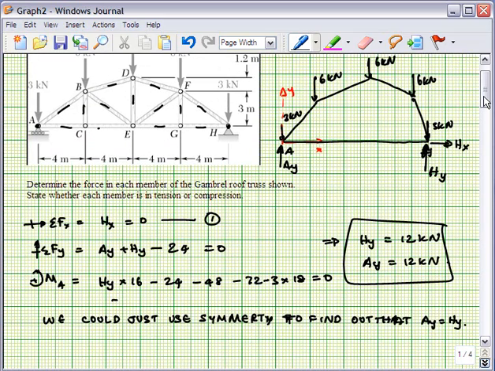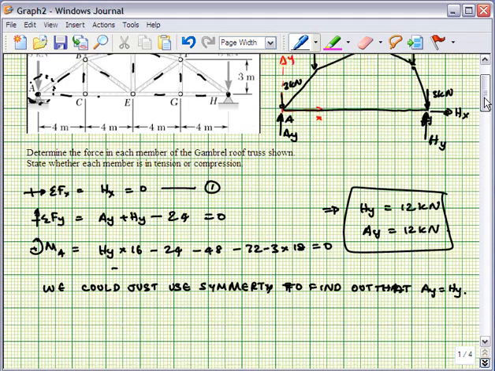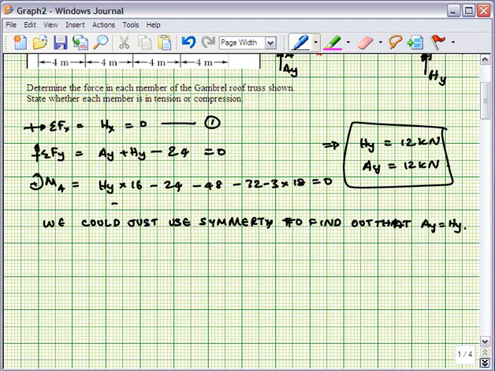Now the next thing I want to do is to draw the free body diagram at A. So I'm going to go up here and draw a little circle and isolate just that circle at A, knowing that at the roller joint there I have a force of 12 kilonewtons. So if I draw the free body diagram at A, here's the point A, here's the 12 kilonewtons, that's AY, there's the external applied force of 3 kilonewtons, then there's the force FAC.